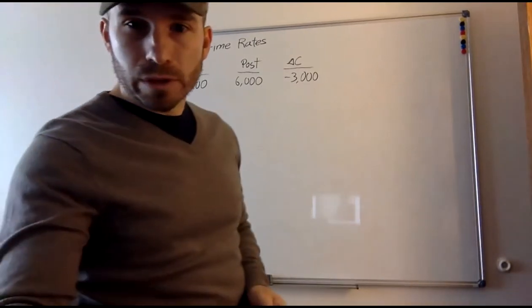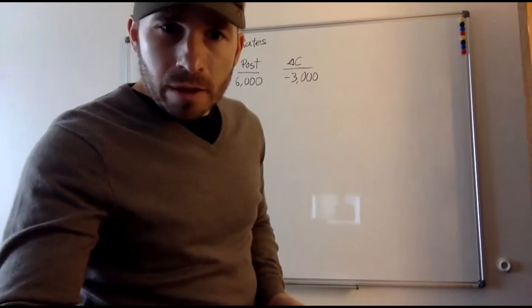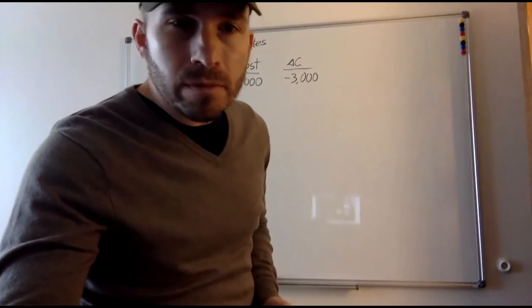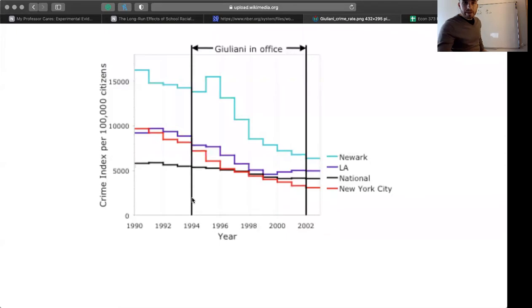And I will show real quick what is happening when we look at graphs like this. This is not actual difference in differences, but if we just focus on this area here in 94 and compare the red line, which is New York City, to LA, or compare it to Newark, then on a much more rough level, what we're doing is a form of difference in differences.